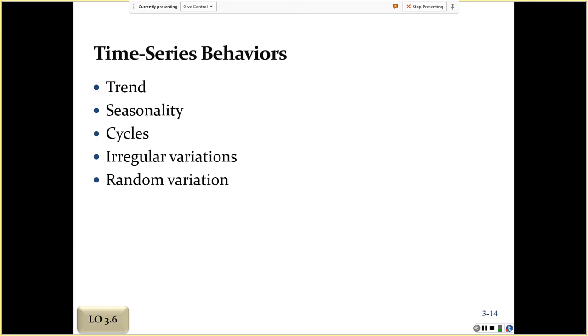Irregular variations are due to unusual circumstances such as severe weather conditions, a strike at your job, or a major change in a product or service. They don't reflect typical behavior. So once it's identified that something is an outlier, it is generally removed from the data so that the forecasting can be a little bit more accurate.